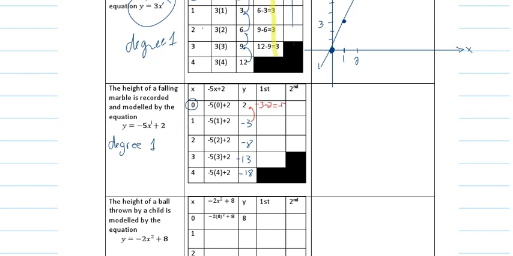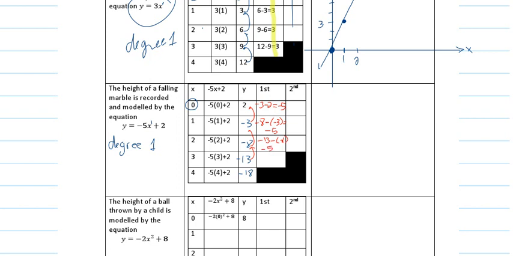Then we take negative 8 and subtract negative 3. So negative 8 minus negative 3 is negative 8 plus 3, which also gives me negative 5. Following that, negative 13 minus negative 8, so again minus and minus gives a positive, which is negative 5.